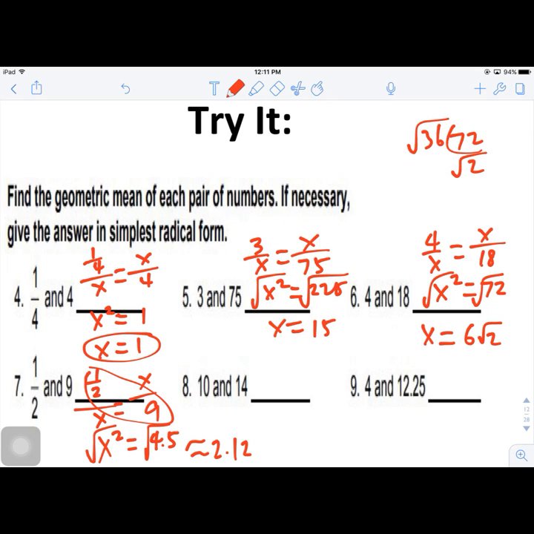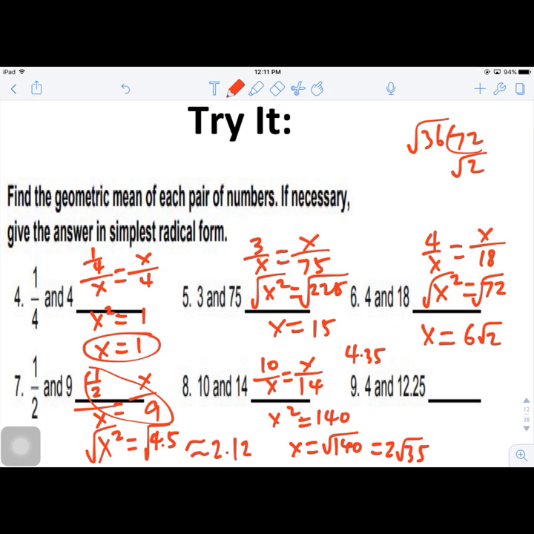And number 8, 10 over x equals x over 14. So x squared equals 140. And so x is equal to the square root of 140, which is 2 radical 35, because you can multiply 140 as 4 times 35.